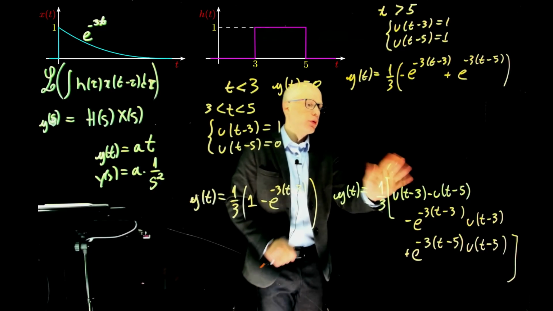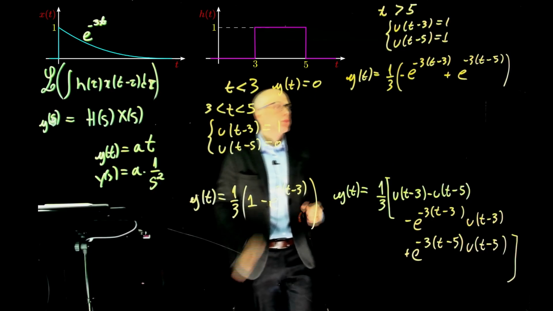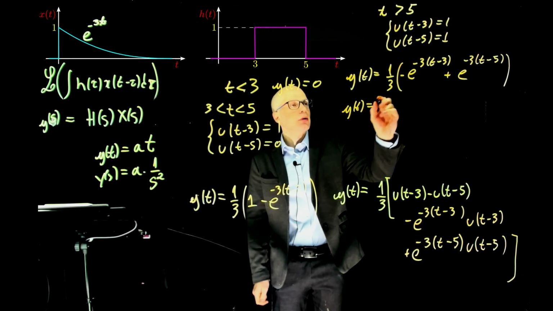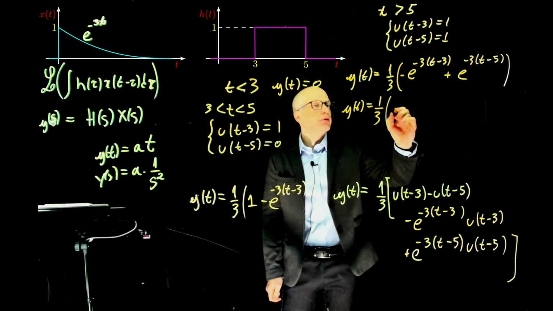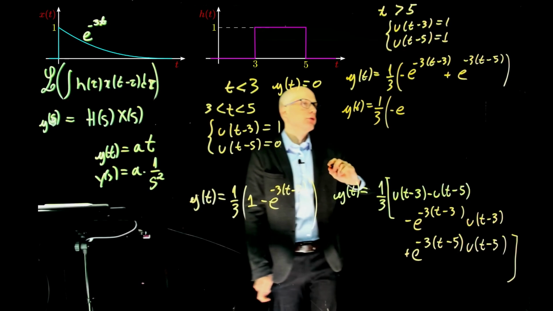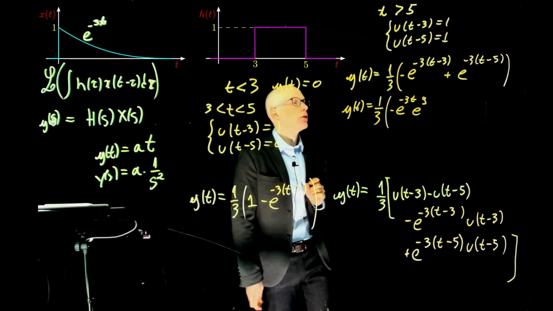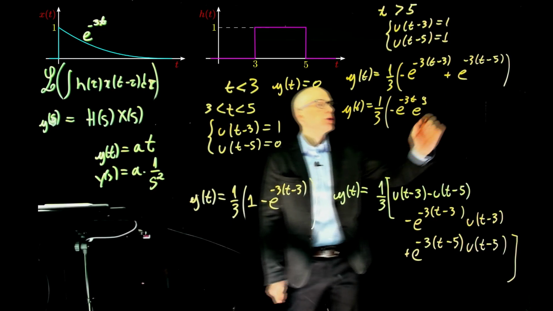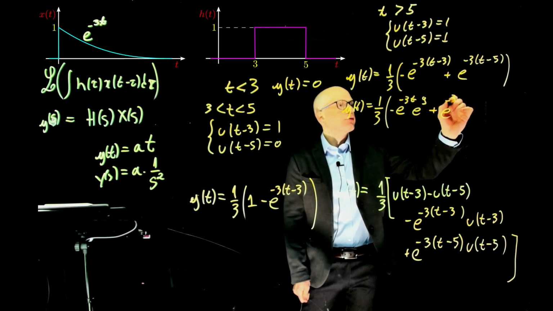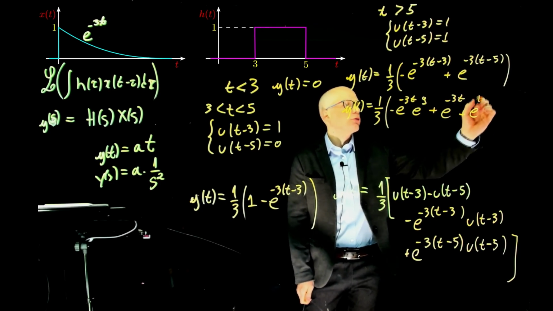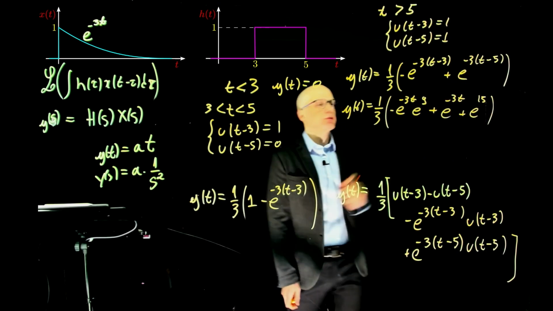Okay. It simplifies to that because that's 0. So this can be rewritten as 1/3 of negative exponential of negative 3t times exponential of 9, right? Just multiplying these out, plus exponential of negative 3t times exponential of 15, right? 3 times 5.